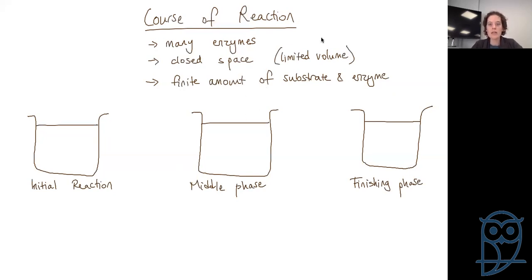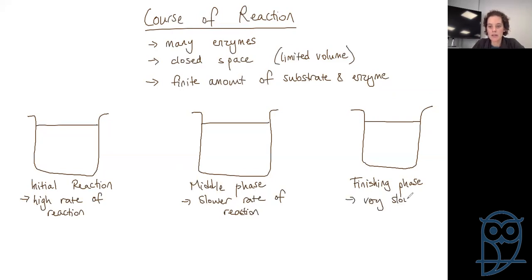So, in the initial reaction, we've got a high rate of reaction. In the middle phase, we have a slower rate of reaction. And in the finishing phase, we have a very slow rate of reaction.